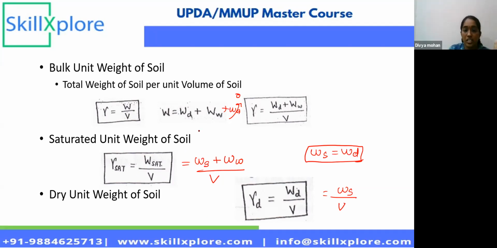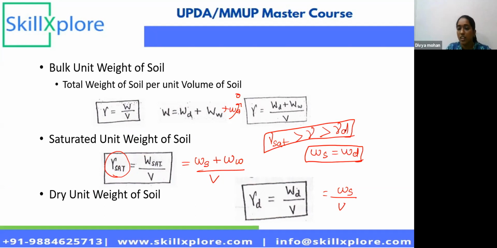While combining all these things, saturated soil will have a greater unit weight than the others, so I can arrange in an order: gamma sat will be greater than gamma, and that will be greater than gamma D. So this will be the density values.